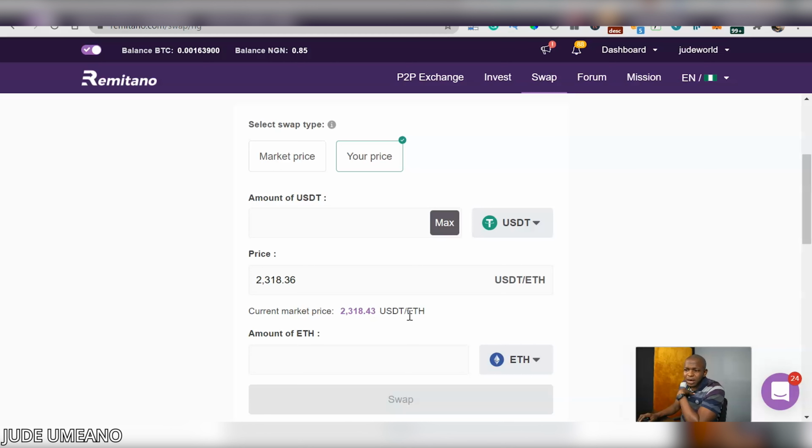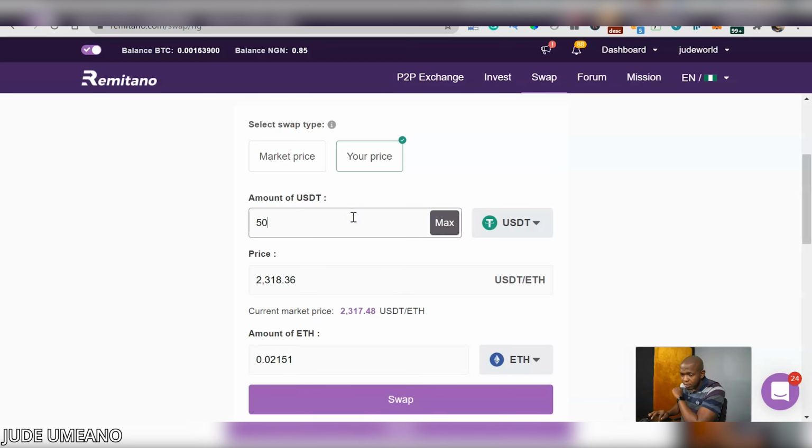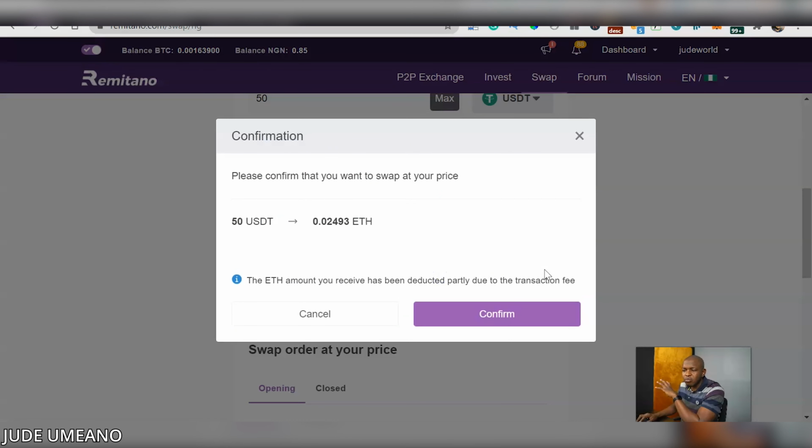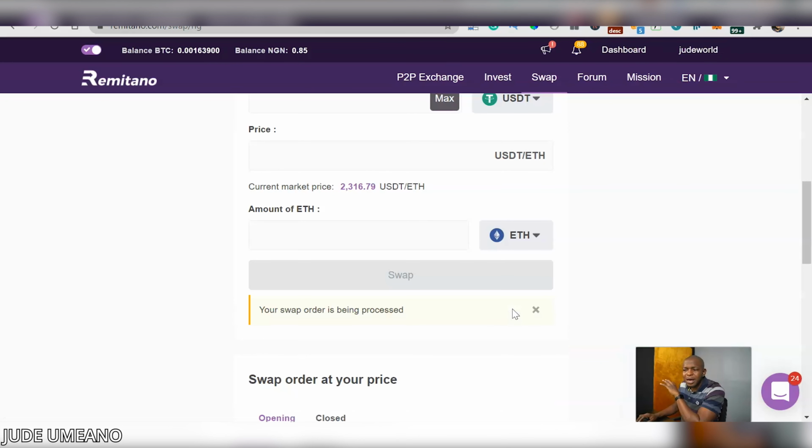Now, if I believe that Ethereum is going to get to $2,000 and I want to buy more Ethereum at $2,000, it means I'm going to swap my remaining 50 USDT to Ethereum, and I can change my price now to 2,000. So when the price of Ethereum falls down to $2,000, it's going to automatically swap at that price.